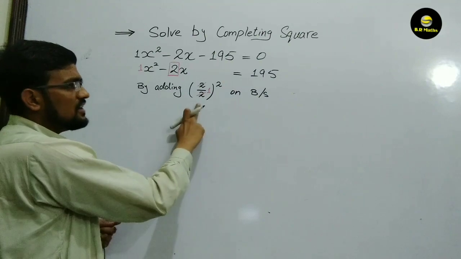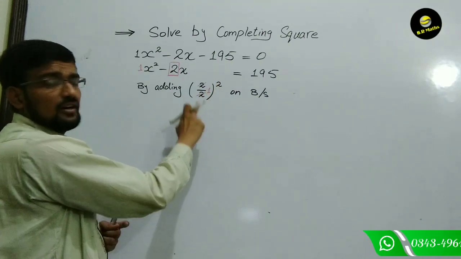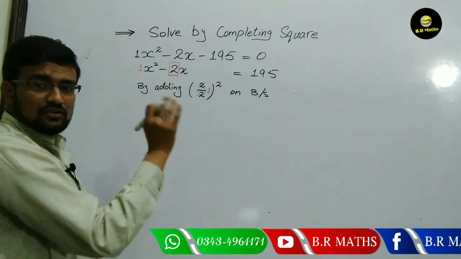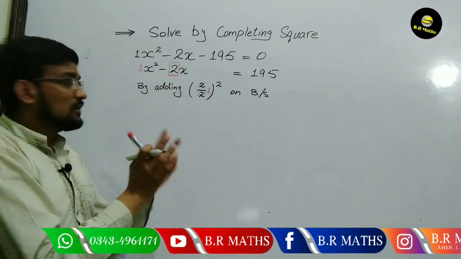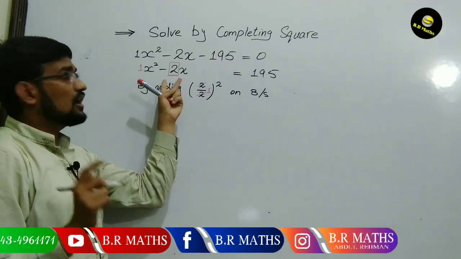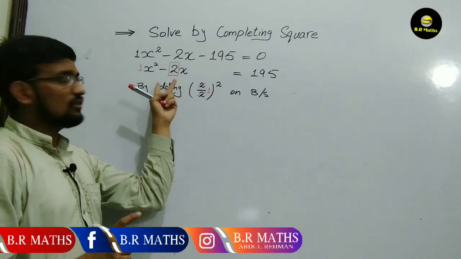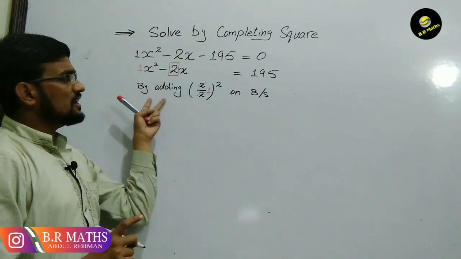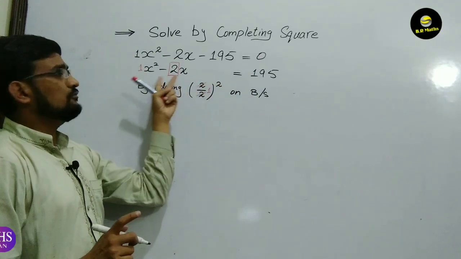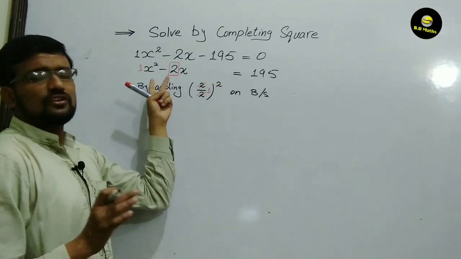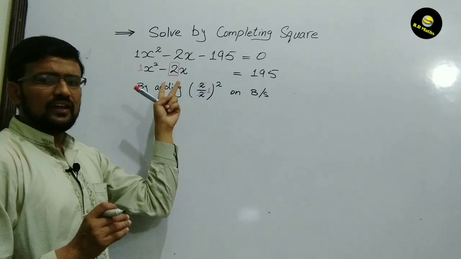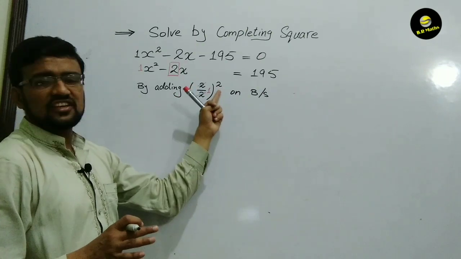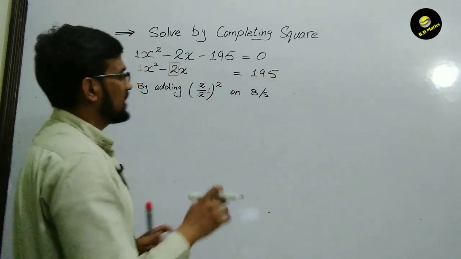Student, understand and memorize this: add the square of half of the coefficient of x, whether it is 2, 5, 3, anything. Divide by 2 to get half, take the square, then add on both sides.